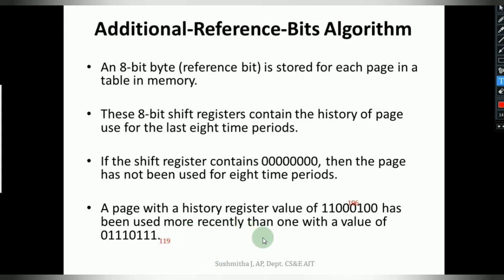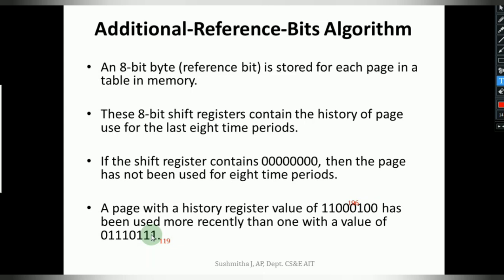So you can see this is the page that is used more recently than this page, because this page has a higher value. So the page that is not most recently used, the one with the low shift register value, will be the one that is eligible for replacement.